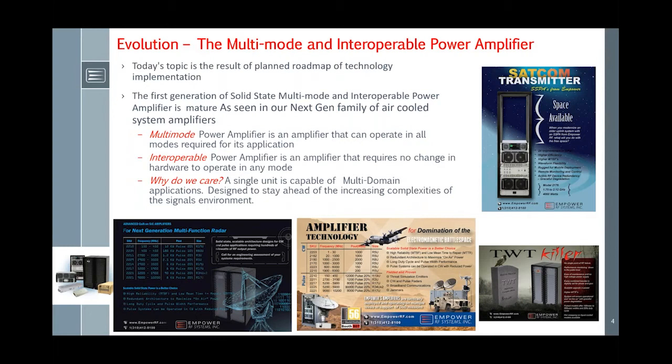Now, what's driving the new technology, and the images on these slides, these are ads you might have seen in Microwave Journal or Journal of Electromagnetic Dominance. What's driving the need is the need to dominate the electromagnetic battle space. In other words, be better than adversary technology. On the far left, the desire to increase transmitter capabilities, for example, multifunction radar.